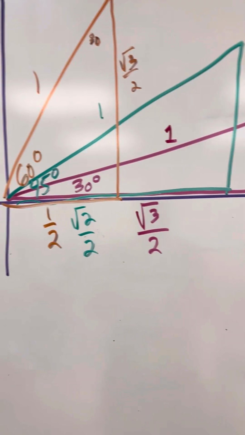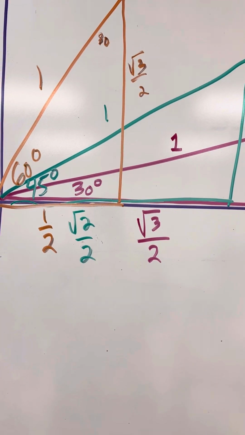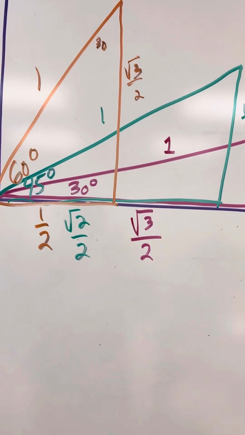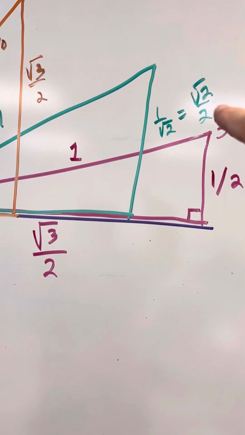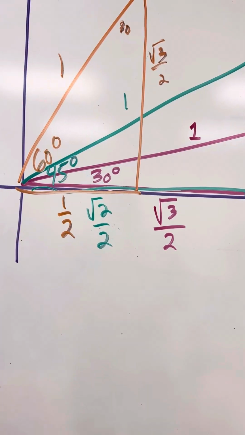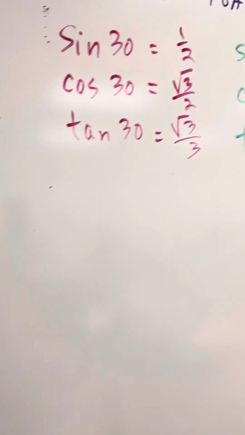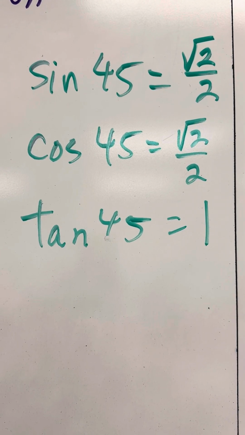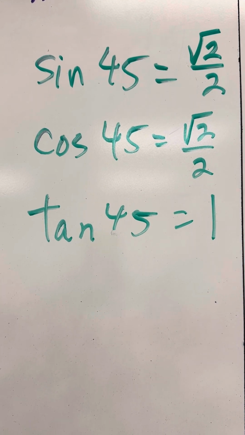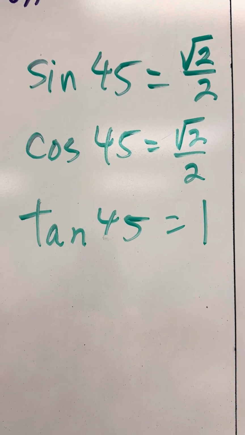So now looking at the 45-degree angle, all right? If this is 1, this is 1 over square root of 2, which is square root of 2 over 2, and this is square root of 2 over 2. So sine of 45 winds up being square root of 2 over 2. Cosine 45 is square root of 2 over 2. Tan of 45 equals 1.